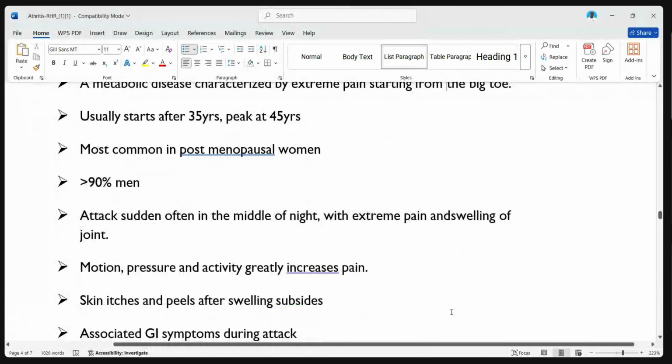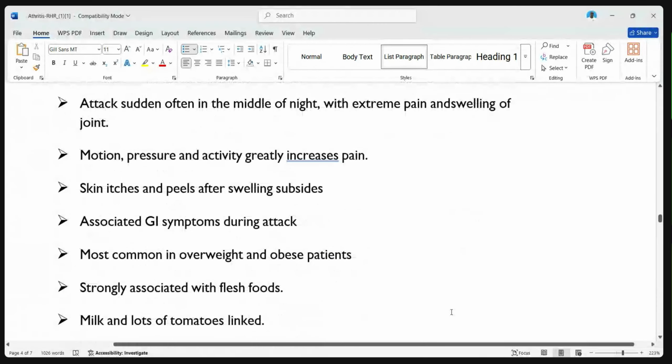So this presents with difficulty in motion, sharp pains, sometimes skin itches, and sometimes the skin, majorly the toe, actually peels off after the swelling has subsided.